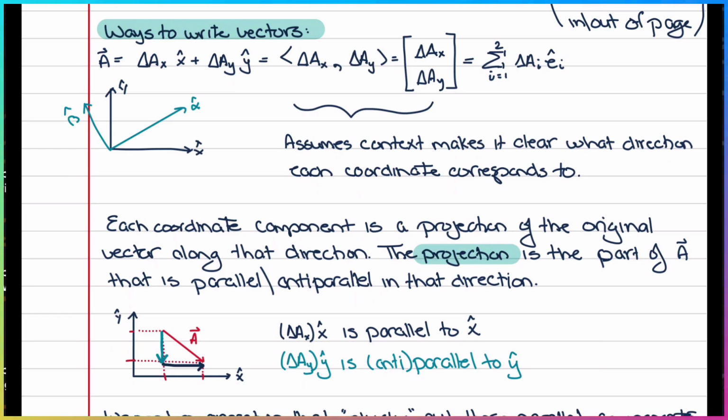And then I could write the vector as some component in the alpha direction plus some component in the beta direction. That's perfectly valid as long as I know that when I write it like this, these axes are what I'm referring to.